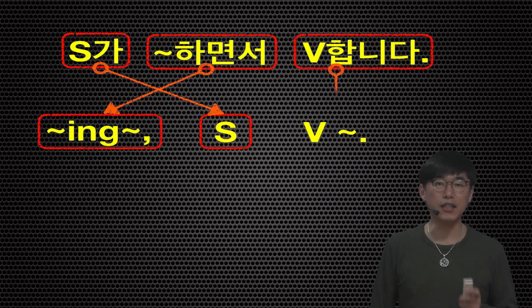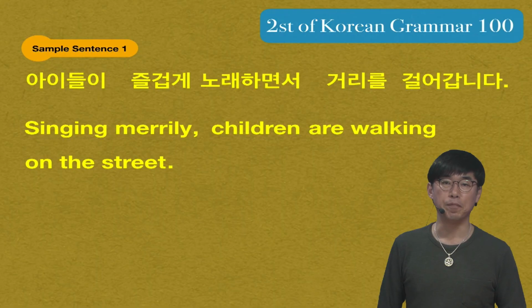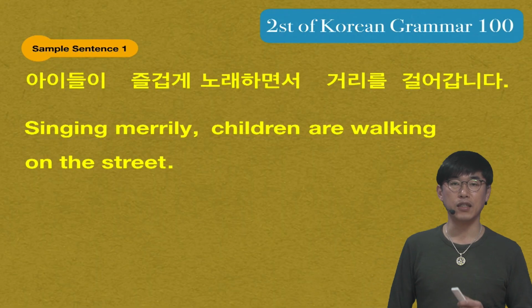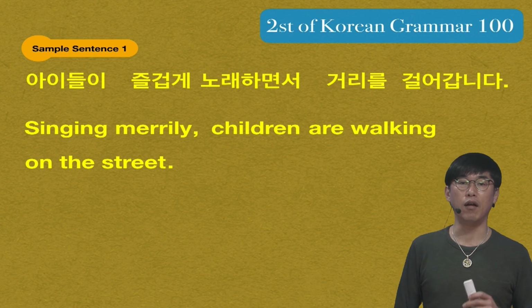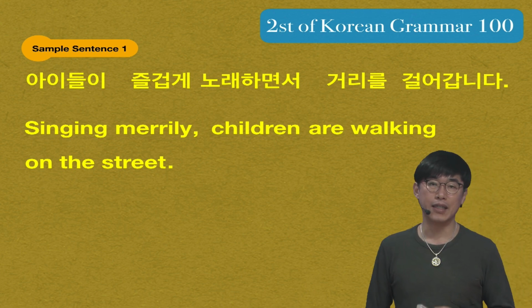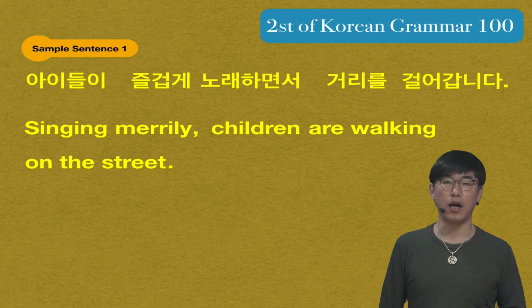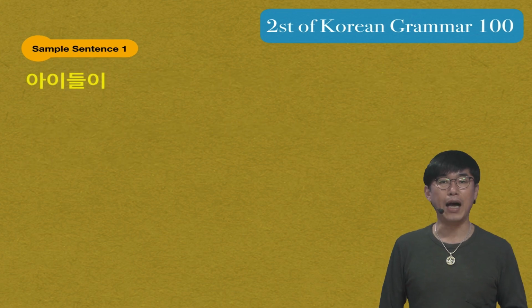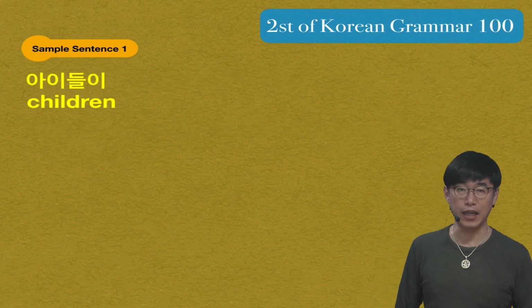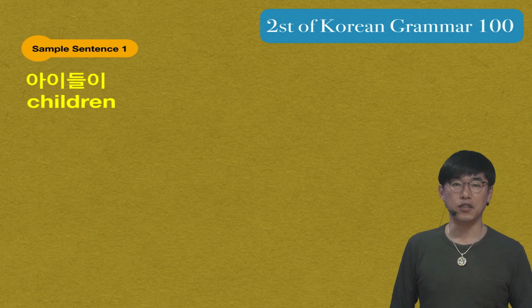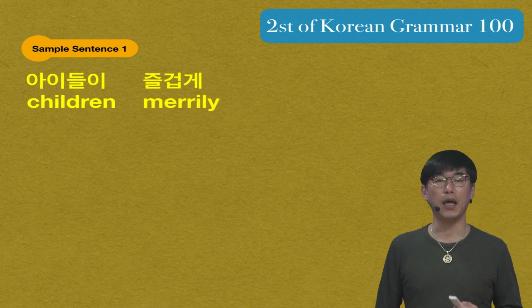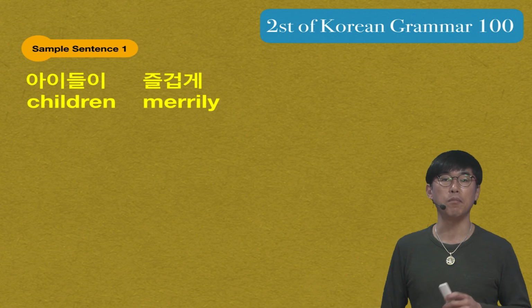Okay, the schematic diagram is as follows. Number 1, 아이들이 즐겁게 노래하면서 거리를 걸어갑니다. Singing merrily, children are walking on the street. 아이들 is the subject of the sentence, and is the subjective case, and 즐겁게 is an adverb, which means merrily.